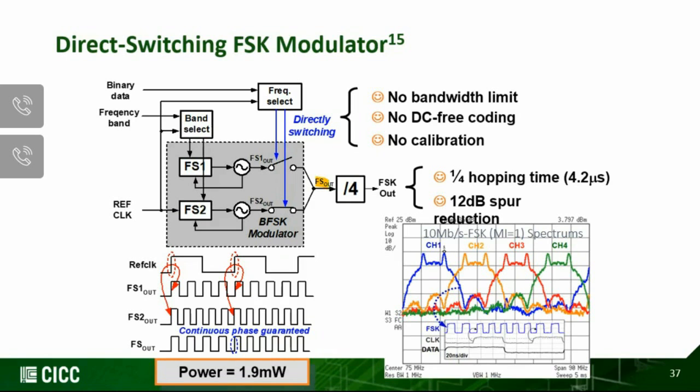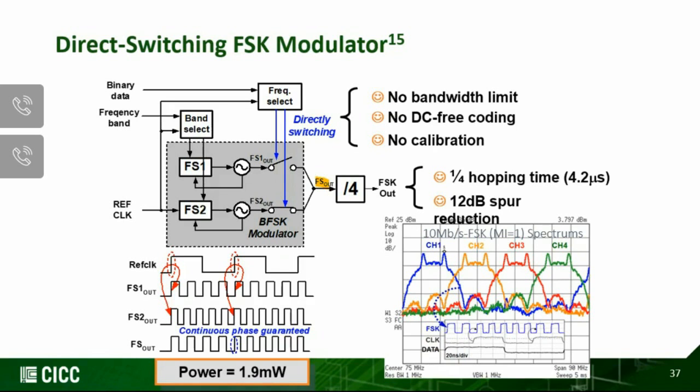This synchronized switching guarantees continuous phase at the frequency changing instant. Because the modulation is done by direct switching, the modulation speed is not limited by PLL dynamics. That's a very, very important factor. And the loop bandwidth can be as large as possible, and the DC-free coding for the modulated data and the calibration of the VCO, which are overhead for the conventional scheme, are not necessary.